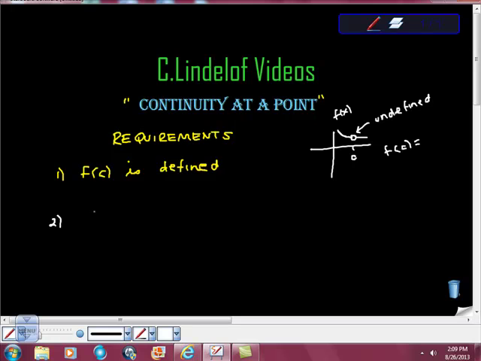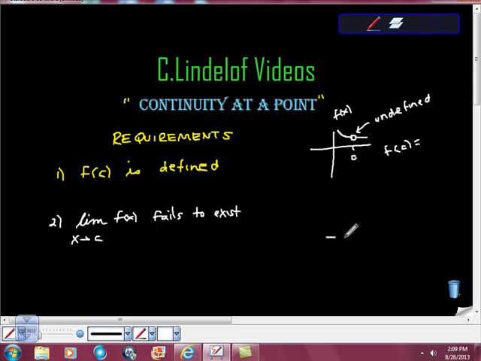The other possibility is that the limit as x approaches c of f of x, which people say doesn't exist but is usually called fails to exist. What might that look like? We're looking at this function and asking, is our function continuous at this point?